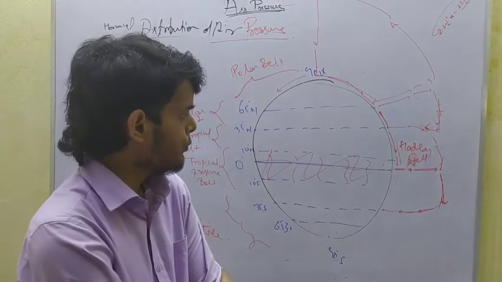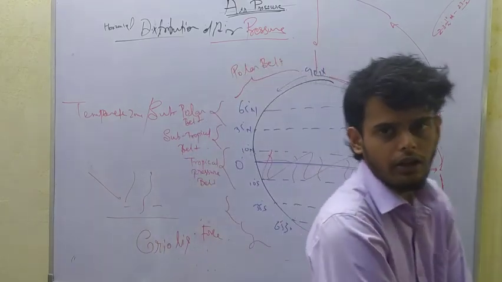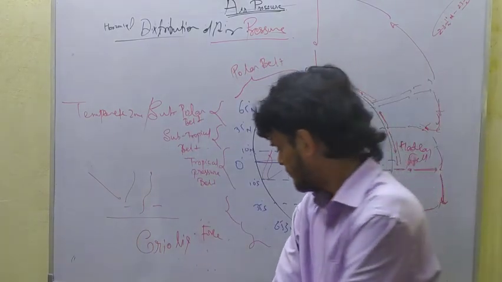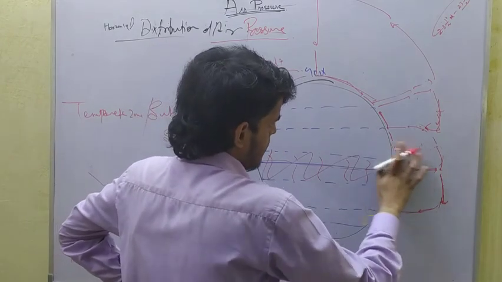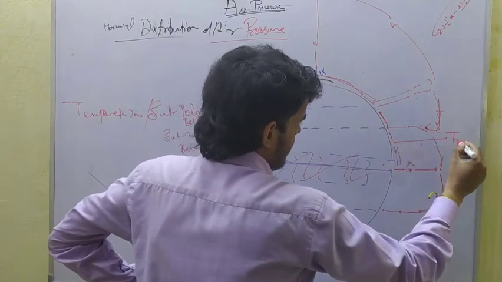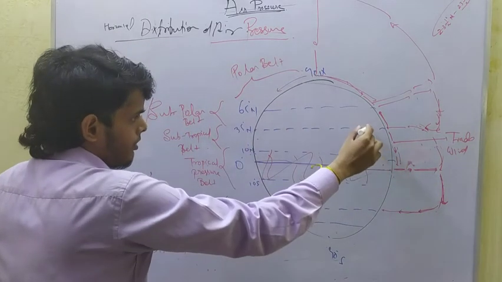The wind that moves from 35 degrees north towards 0 degree is called the trade wind. The wind that moves from 35 degrees to 65 degrees is called westerlies.